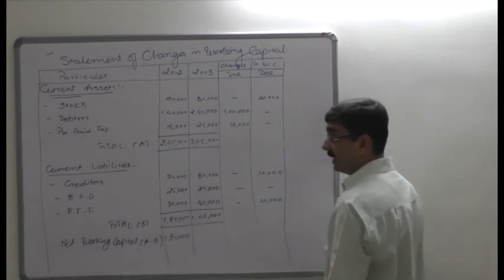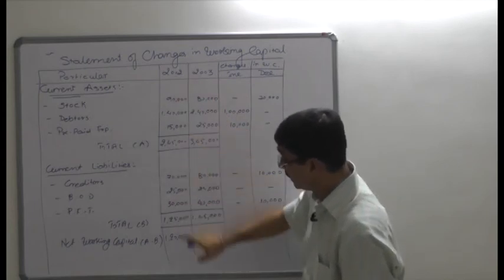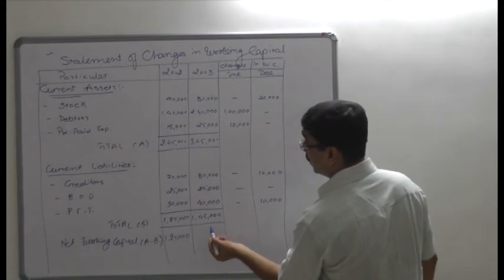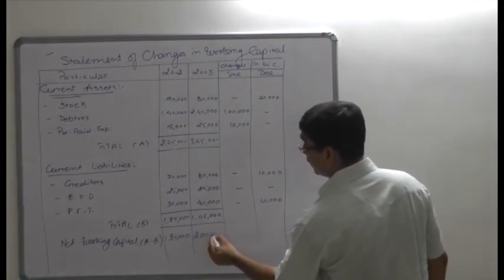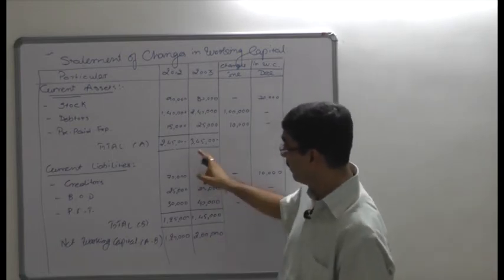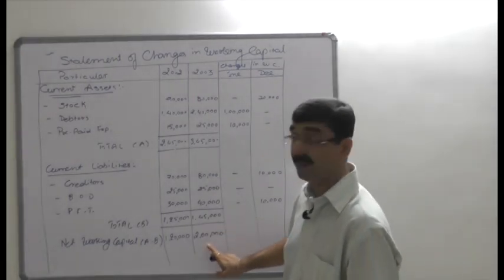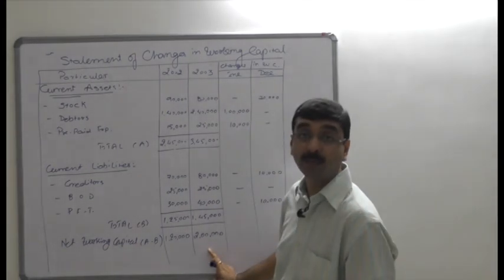That is the net working capital for 2002. Now for 2003, it's 3,45,000 minus 1,45,000 current liability, so the net working capital in the year 2003 is 2 lakh rupees.